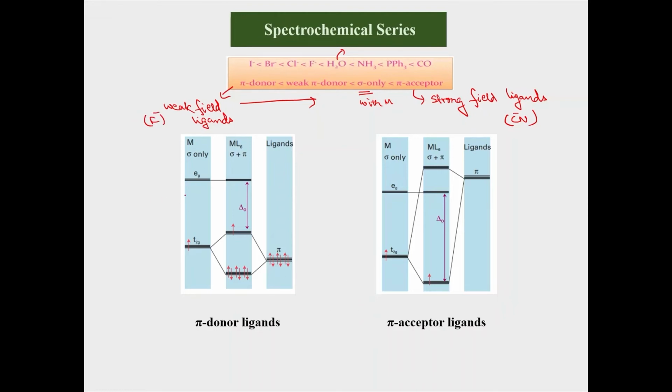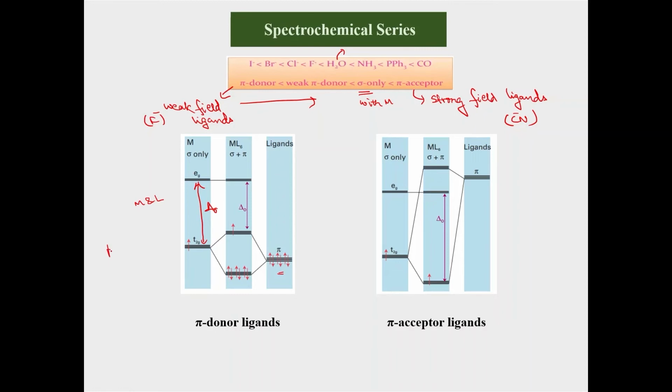If there is only sigma type of interaction between the metal and the ligand, then in an octahedral field the degenerate d orbitals split into T2g and Eg, and the energy gap between them is delta O. But if we have pi donor ligands like the halides, because of the presence of lone pairs in them, and as they are electronegative, they lie lower in energy.